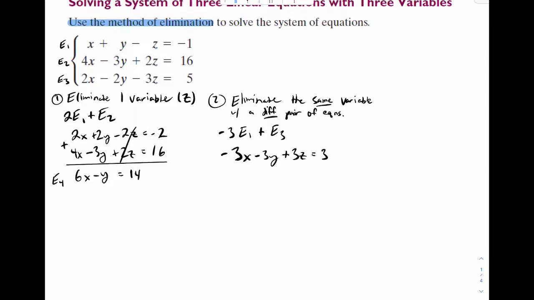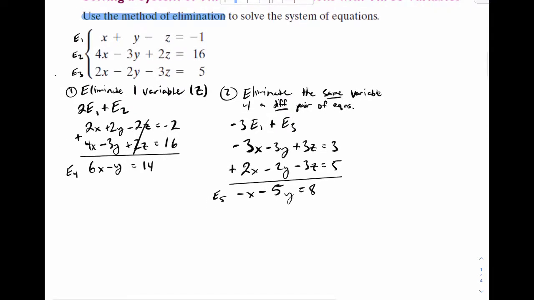And then leave E3 alone. That's 2x minus 2y minus 3z would equal 5. Let's add them. -x minus 5y is equal to 8. Let's call this thing E5. Now by doing that, look at what we just created. You have E4 and E5, and that's just a regular system.